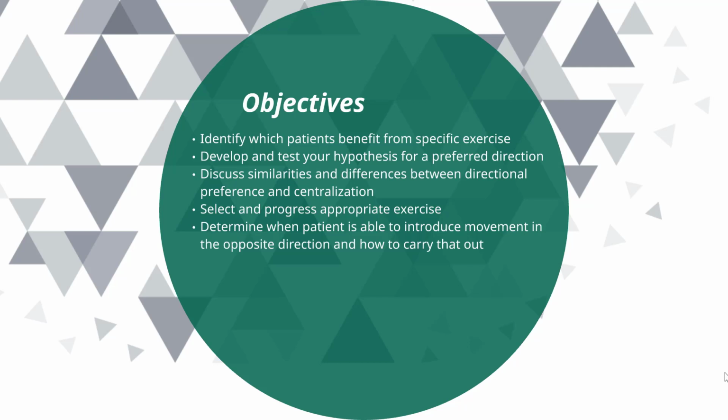For this module, my hope is for you to feel comfortable with identifying what patients benefit from specific exercise, developing and testing a hypothesis for a preferred direction, discussing similarities and differences between directional preference and centralization, selecting and progressing appropriate exercises, and finally, determining when a patient is able to introduce movement in the opposite direction and how to carry that out. Please come to lab with a list of questions as they arise to aid in your confidence with this material.